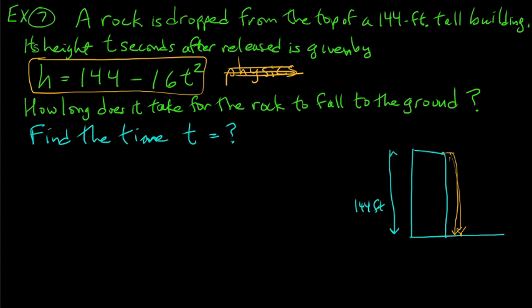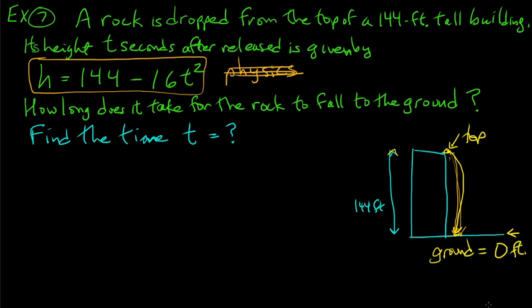Okay. So remember, we're starting at the top of the building, right up here at the top, which is 144 feet off the ground. So when the rock falls to the ground, how high is the rock above the ground? So where's the ground? This is ground level. The ground is 0, right?